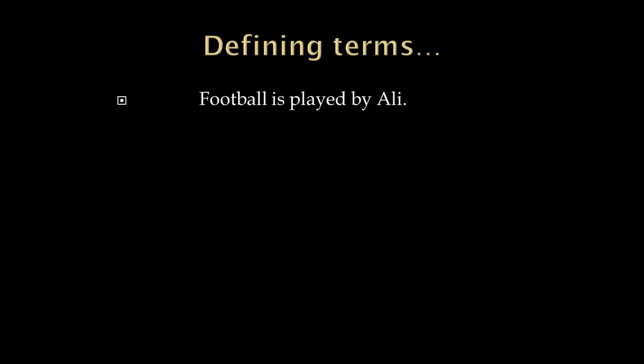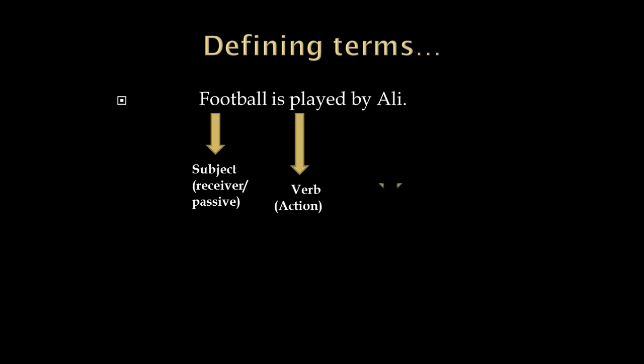If you look at this sentence, football is played by Ali, you will analyze that the same sentence is written in passive voice. Let's see how. Football is the subject here, is played is the verb or action, and Ali is the object or doer of the sentence. Here you find out that football is the subject, but the subject is no more the doer of the action, rather it is the receiver of the action.